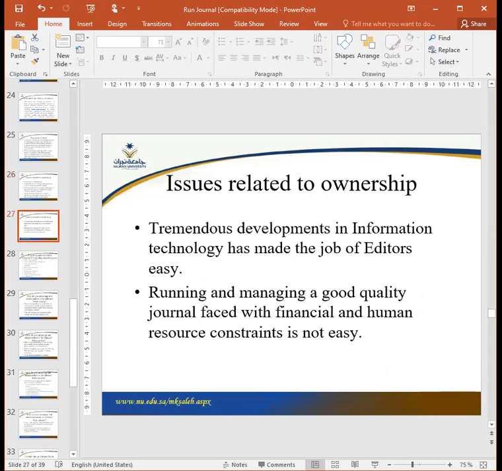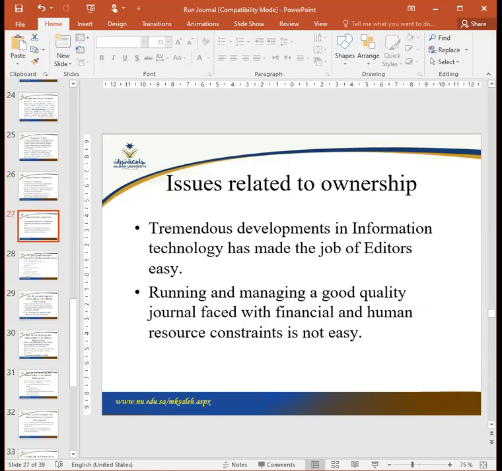During the past 2 decades, there have been some tremendous developments in information technology, which have made the job of the editor easy.